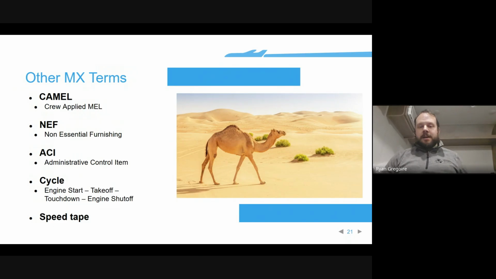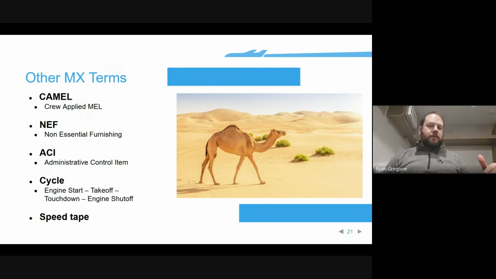What that means is, generally speaking, when maintenance control is trying to defer something on the aircraft, an actual licensed aircraft mechanic, someone with their A&P, has to go out to the airplane, confirm what's going on, do a write-up in the aircraft maintenance log, and apply the deferral along with whatever other procedures we saw in those MEL cards for maintenance procedures.